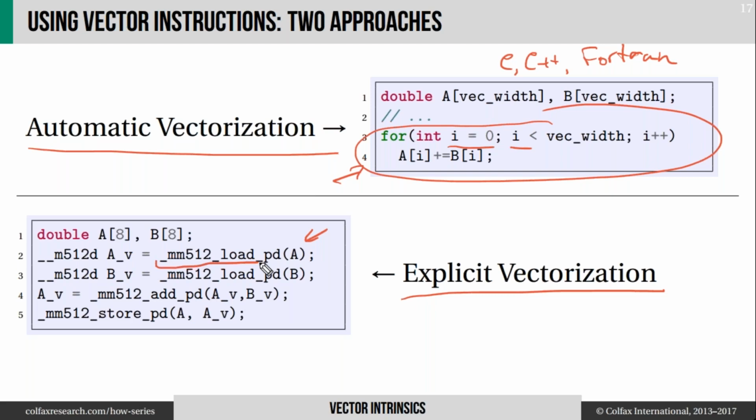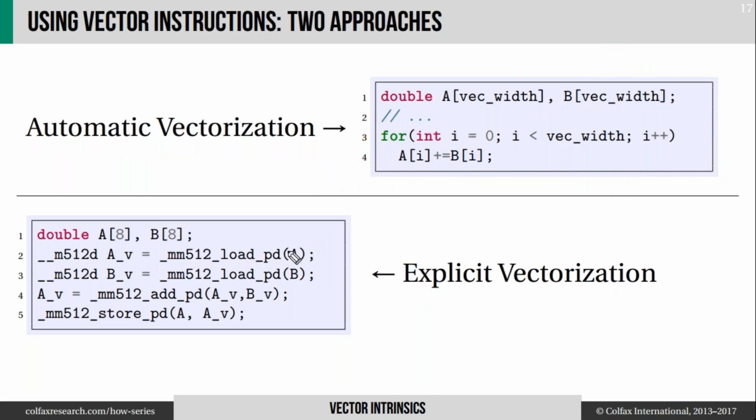Intrinsic functions are functions giving you direct access to processor instructions. They look like this. There's a prefix, the type of operation, the type of the data inside the short vector. There are special data types to hold your intermediate data, and there's a variety of instructions that you can crunch.